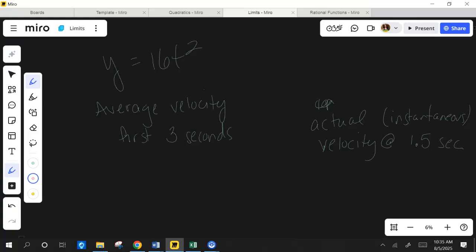If it's the first 3 seconds, that means I need from 0 to 3, right? Well, okay, I can do that. At 0, it's 0, and at 3, it's, what's 9 times 16? What is it, 144? I mean, I believe you.